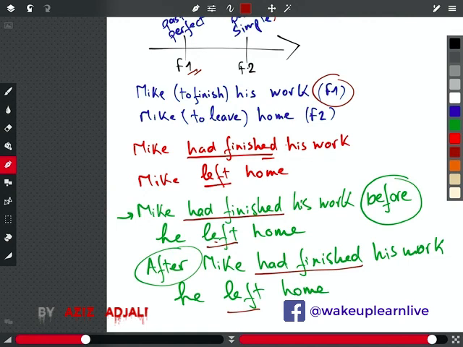And the same thing, after is attached to Mike had finished his work. So if I would like to put after in the middle of the sentence, I would say Mike left home after he had finished his work. Okay. So this is for after and before.